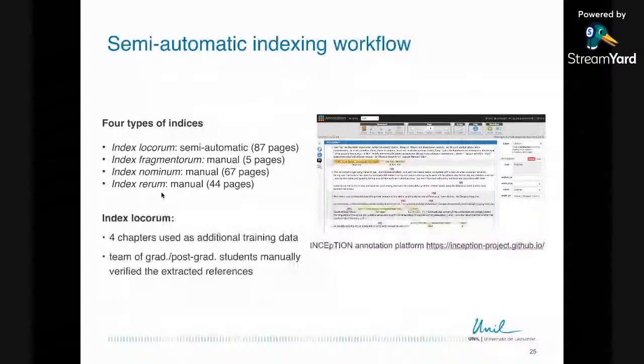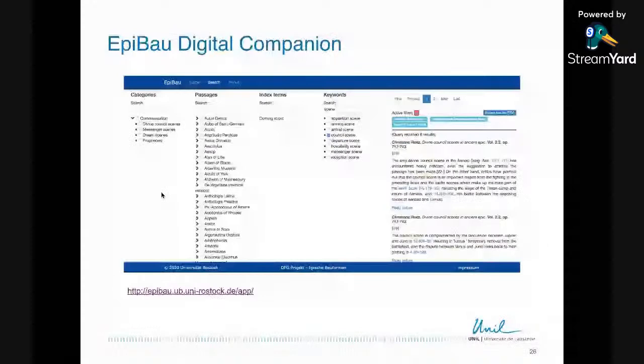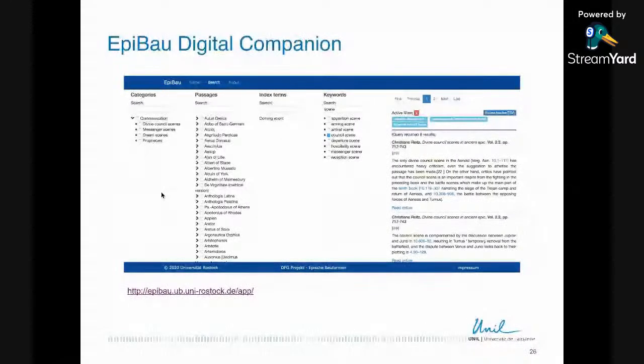And there was also a kind of byproduct of the printed index. There was an interface that you can access freely online at the link here on the slide. And this interface was a bit of an experiment, trying to find a way in a digital interface to represent the same information that you have in the indexes of the printed volumes, but in a more dynamic way.